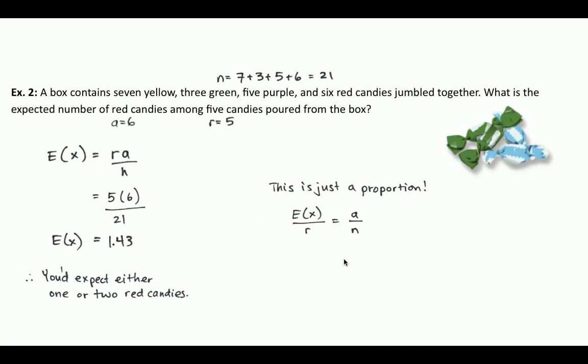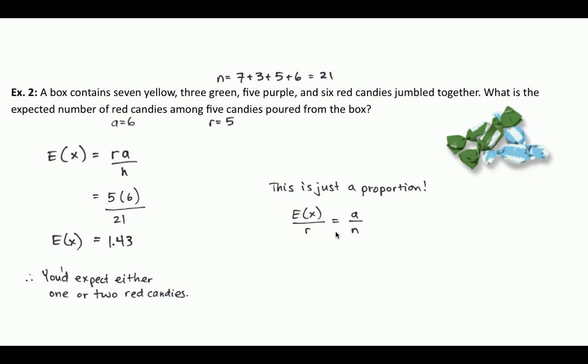For some people, an easier way of expressing this formula is to think about it like a proportion. If I've got 6 over 21 in the box, then what I pour out had better be in proportion to that, because of course it's a sample. So I would say go back up to that little box where we've got the formula and write this in. Because there are going to be times where you are solving for A and you're not finding the expected value.